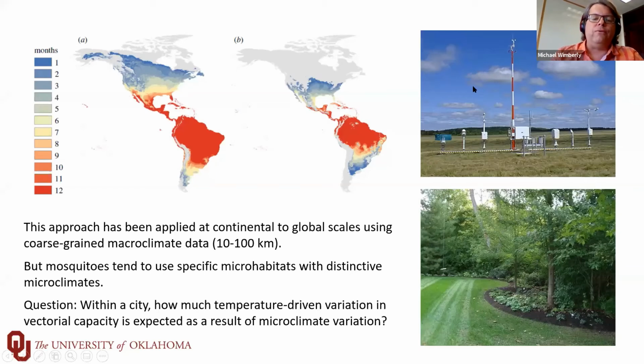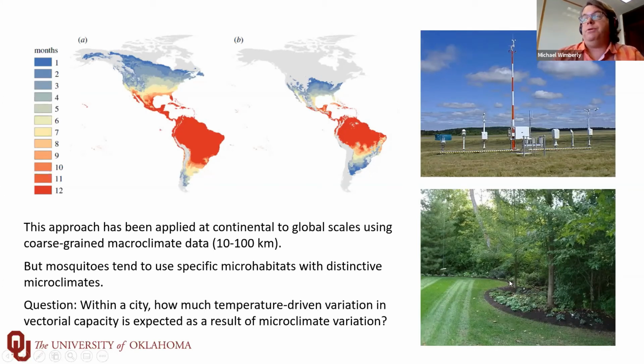Now, one of the things that's been pointed out is that a lot of these data we tend to get from weather stations or interpolated weather data. But in general, most of the mosquitoes that transmit diseases are not going to be hanging out at weather stations.